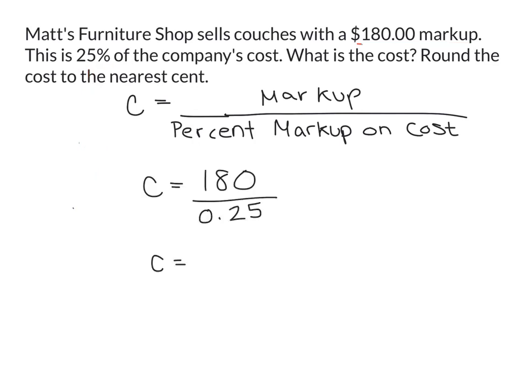So the cost equals 180 divided by 0.25. When we do that on the calculator, we get a value of $720. So the cost is $720.